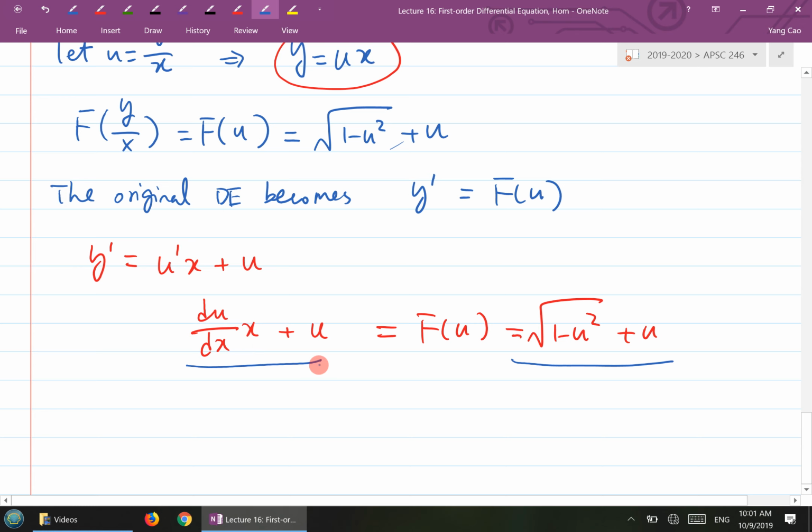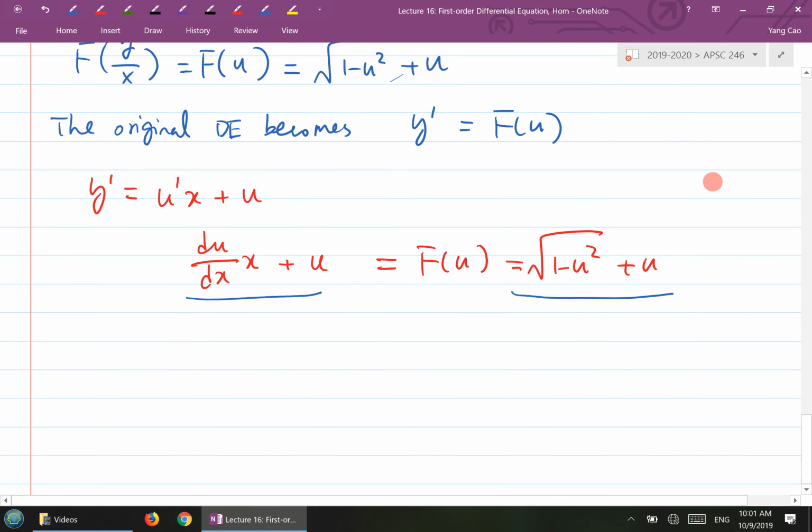And this is actually quite straightforward now, because you got a u in here, and then you get a du dx here, and fortunately we can cancel this u on both sides of the equation. So you get du over dx times x equal to root 1 minus u squared.